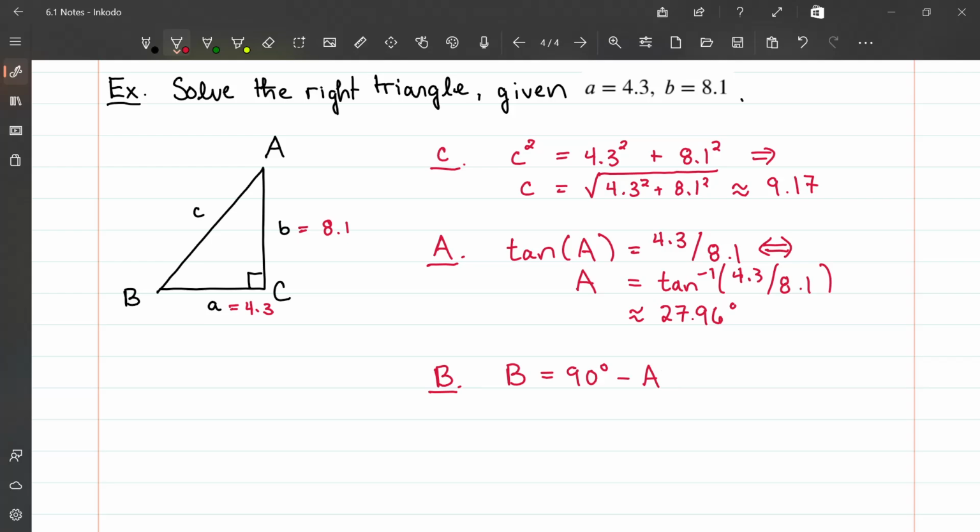This is the technically correct answer, but if you want the close enough for government work answer, then it would be 62.04 degrees. All right, we have all three sides, we have all three angles, therefore I declare this triangle solved.